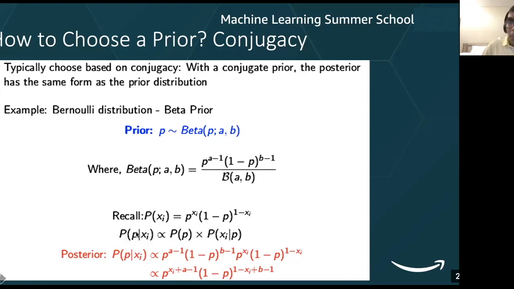So then to compute the posterior, which is probability of theta given x, in this case, the posterior for the ith example would be probability of p, the theta parameter here is p, the probability of heads given xi, which is then proportional to the prior term, which is probability of p, which is nothing but your beta distribution, times the likelihood, which is the probability of xi given p, the expression for which we had derived in the last slide. So if you compute this particular expression, you end up with an expression of this particular form.